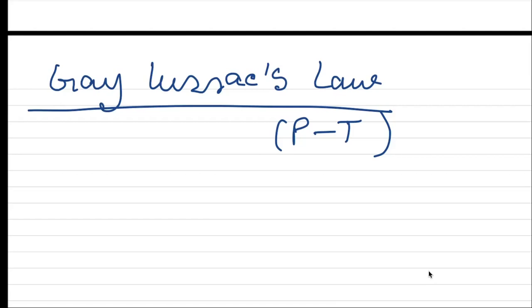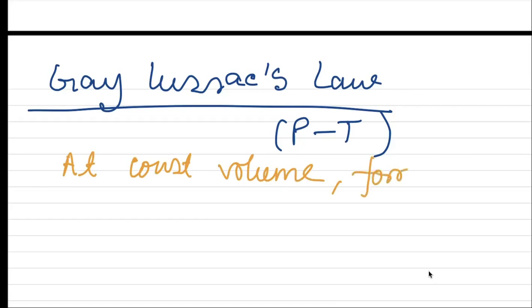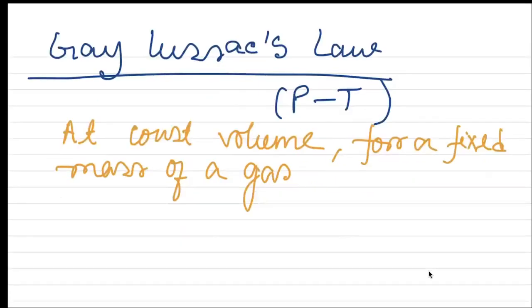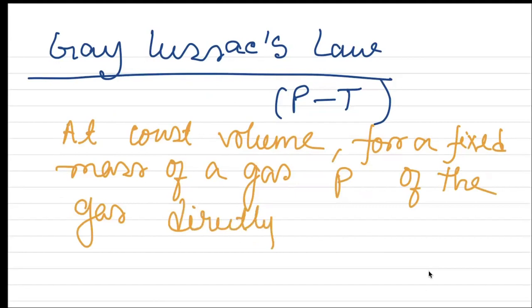Why has this happened? Gay-Lussac performed an experiment, and from it he said that at constant volume, for a fixed mass of a gas, the pressure of the gas is directly proportional to the temperature.